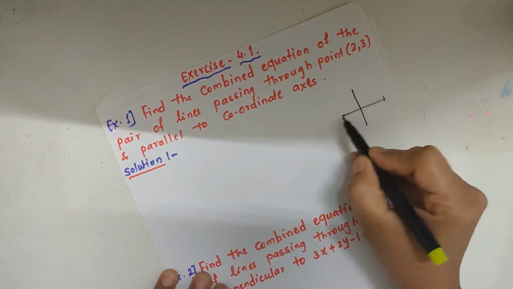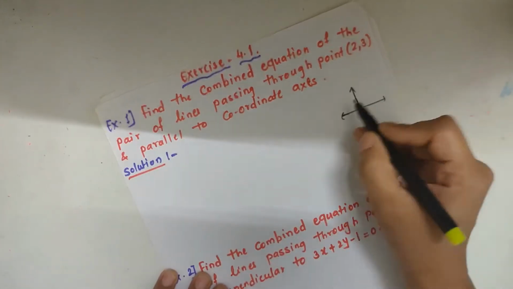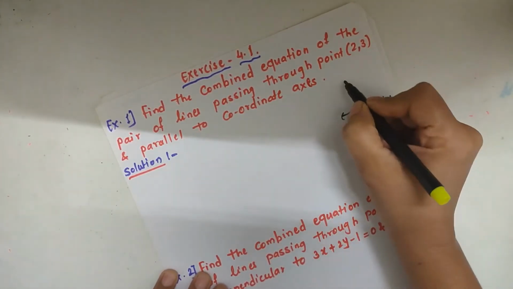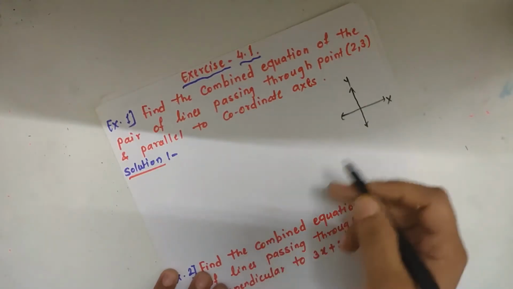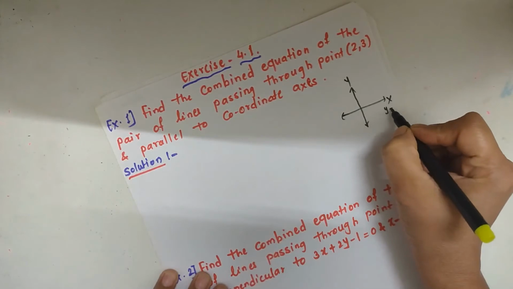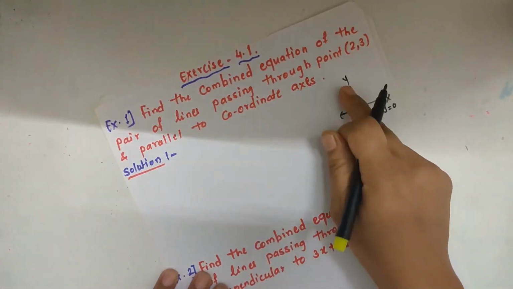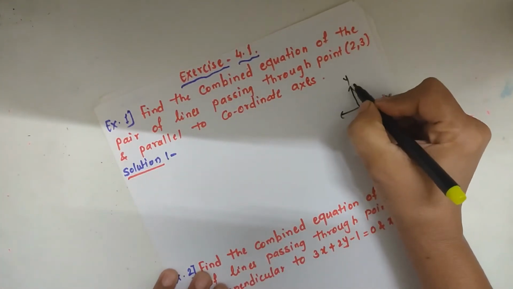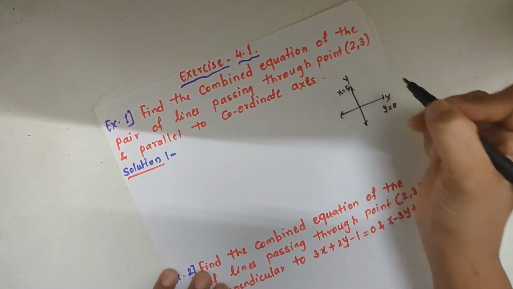We know that in the xy coordinate system, the horizontal axis is the x-axis and the vertical axis is the y-axis. The equation of the x-axis is y is equal to 0 and the equation of the y-axis is x is equal to 0.